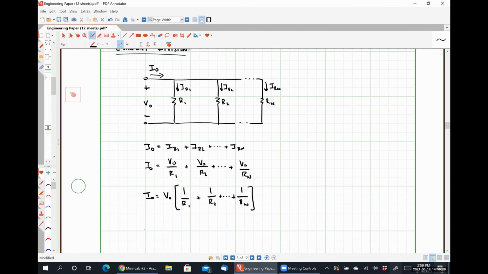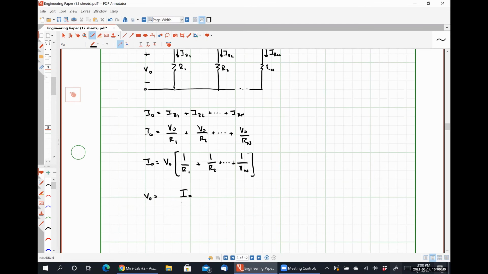And I can now define V naught, the common voltage, in terms of just my known current and my resistor values. So V naught is going to be I naught divided by 1 over R1 plus 1 over R2 plus 1 over Rn.